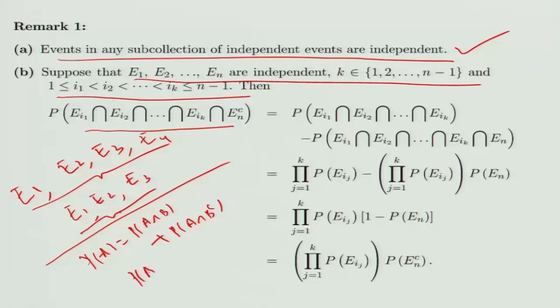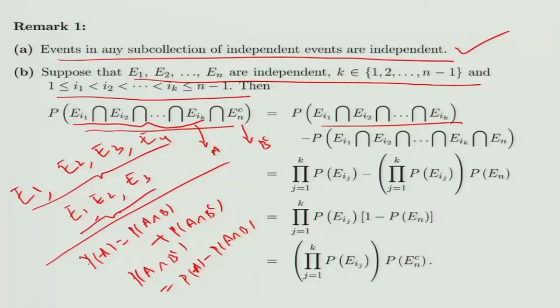So probability of A intersection B complement can always be written as probability of A minus probability of A intersection B. So I take this whole as A, this as B. So A intersection B complement turns out to be probability of A minus probability of A intersection B.